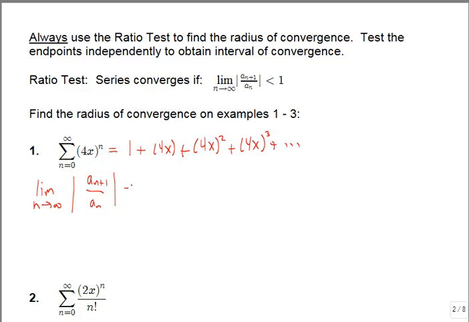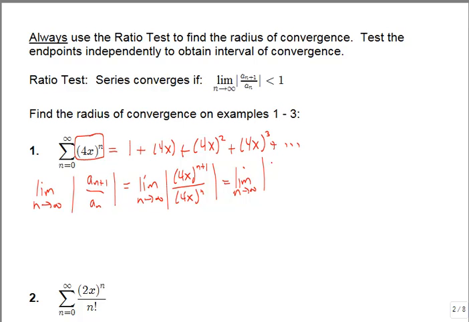So what would the nth plus 1 term look like? Well, this is your nth term right here. So the nth plus 1 term will just be all of that, 4x raised to the n plus 1. So the nth term would just be 4x raised to the n. Now to simplify this a little bit, notice that you can break up that exponent in the top.